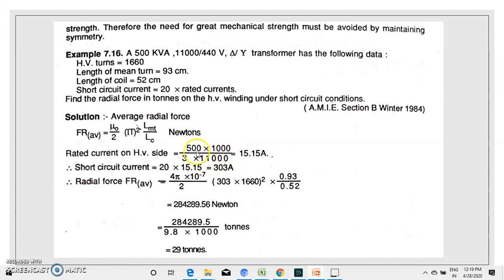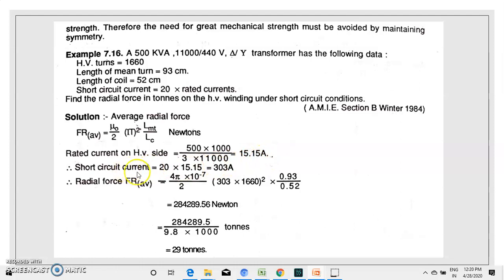So we take 500 into 1000 for kVA, because 500 kVA is defined, divided by, for 3 phase, 3 into 11 kV, the voltage of the HV side. We have to calculate the rated current on the HV side, that's why it is divided by the high voltage, and we will get 15.15 ampere.